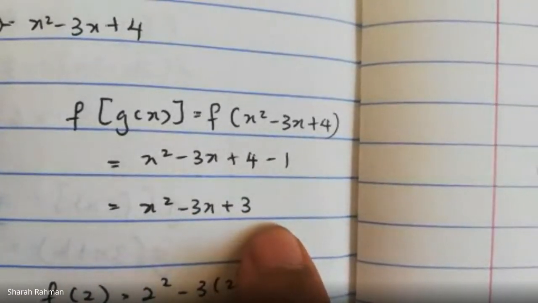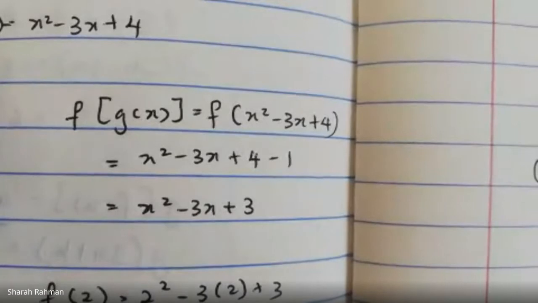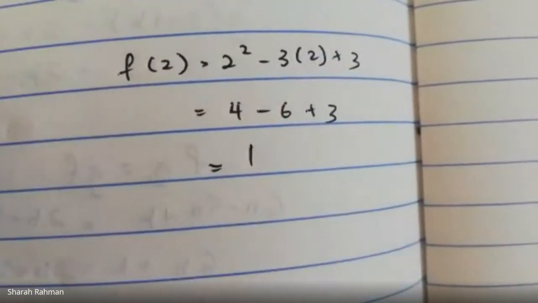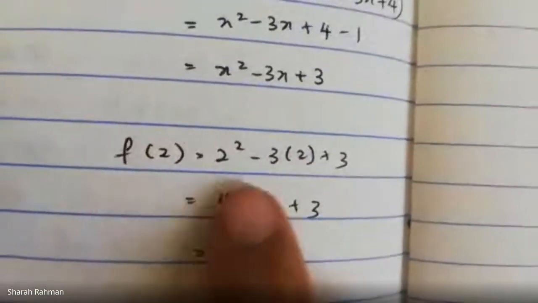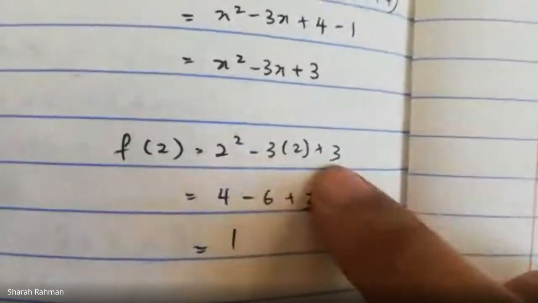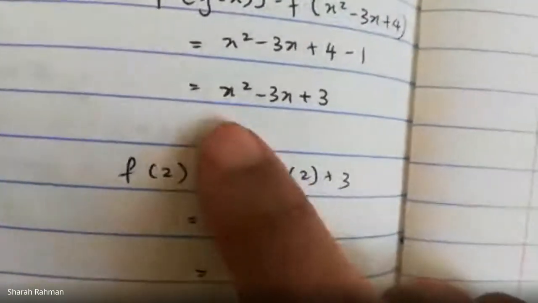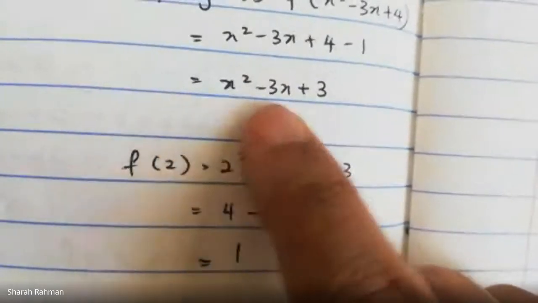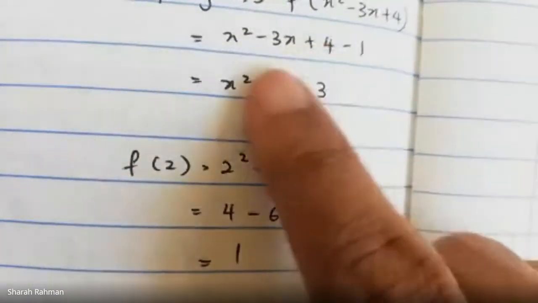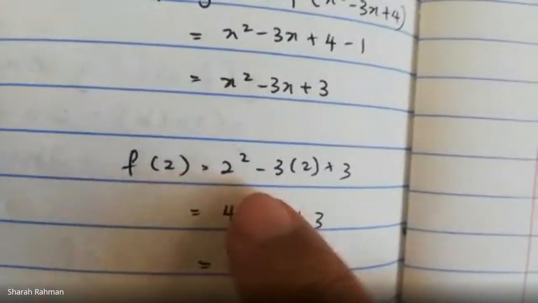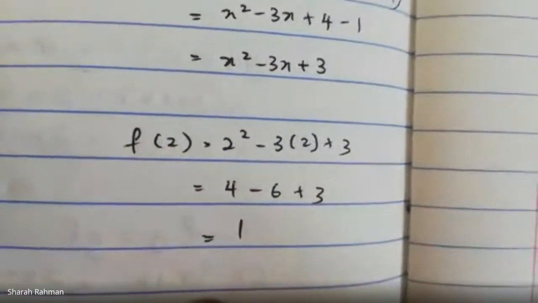Then after we already find fg(x), the question asks us to find fg(2). So 2 squared minus 3 times 2 plus 3, because we just use this one. We already found fg(x), so we substitute each x here with 2, and the answer is 1.